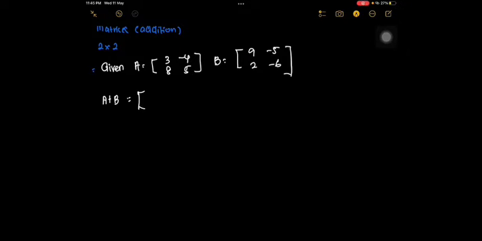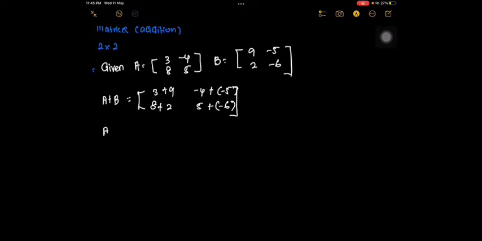A plus B equals 3 plus 9, negative 4 plus negative 5, 8 plus 2, and then 5 plus negative 6.